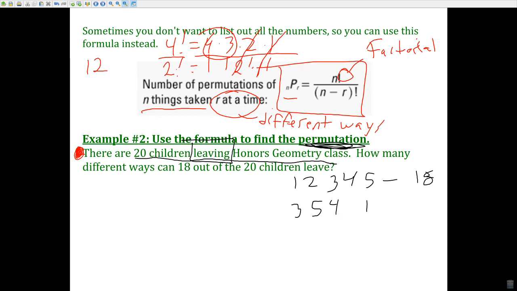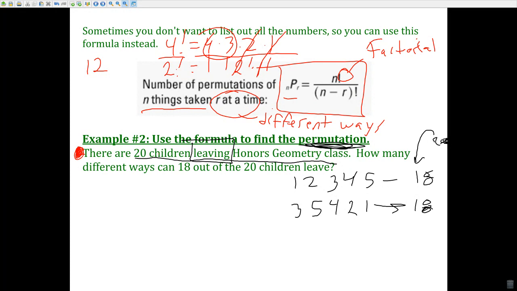And you go down this list of kids that leave in different orders all the way through 18. That's going to leave you with hundreds of thousands of different possibilities of how those kids could leave, right? And then you have 2 kids that may be included in this too. So that's where the 20 comes in. So you have so many different options of how this could shake out, right?